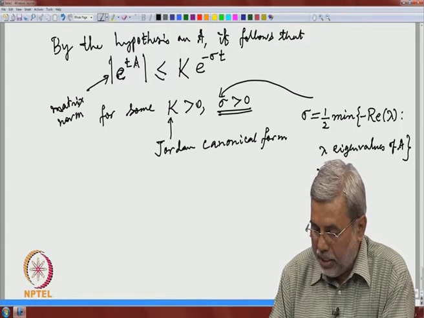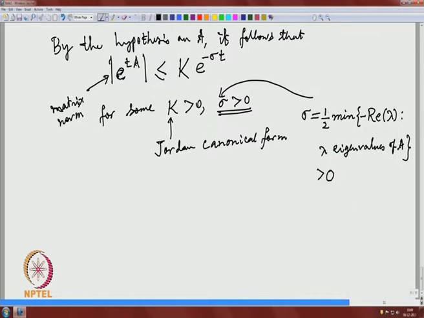So, this sigma is positive. Half you can replace by any fraction; that is no problem. So, this is a very crucial step in the proof of Perron's theorem. This estimate is very crucial, and this we have done in linear algebra.